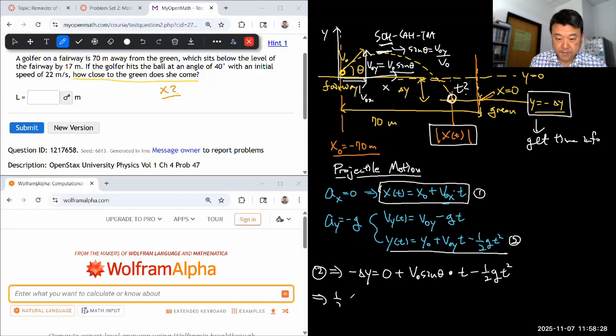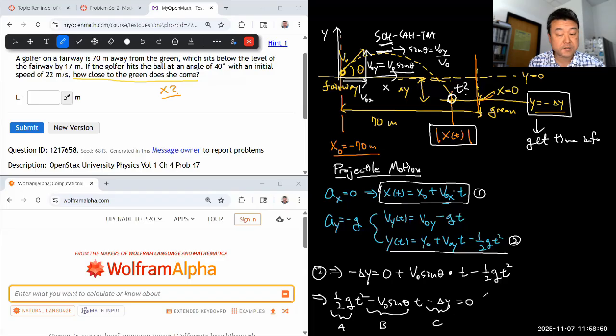So I have 1/2 g t squared, minus v naught sine theta t, and I still have minus delta y is equal to 0. This is my coefficient a. This with the minus sign is my coefficient b. This with the minus sign is my coefficient c.